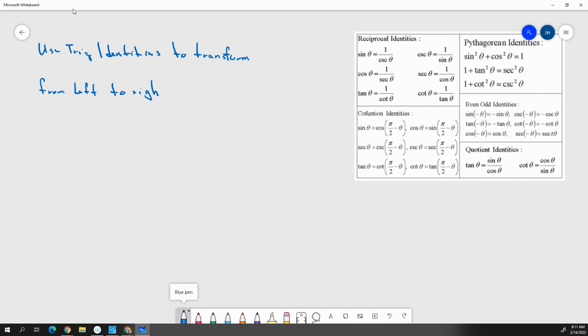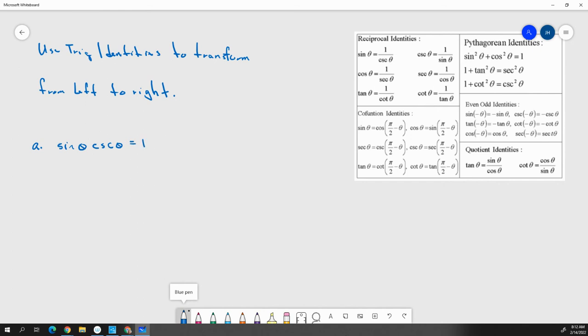So if I have, for example, sine of theta times cosecant of theta equals 1.